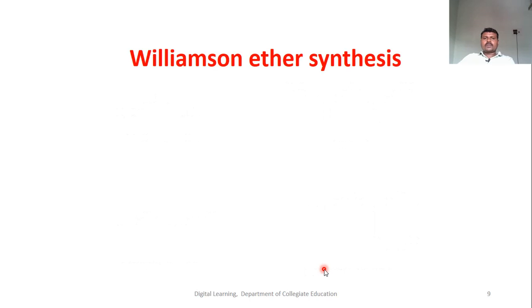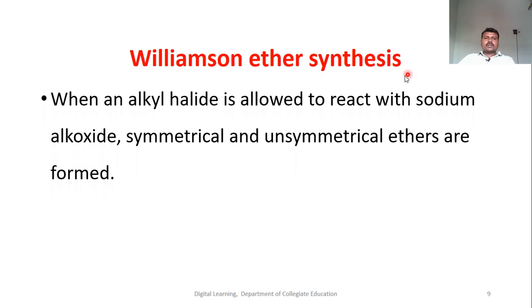Let us move on to the synthesis of ether. There is one method which is most important and widely used for the synthesis of ether, known as Williamson ether synthesis. This method includes the reaction of an alkyl halide with a sodium alkoxide. When an alkyl halide is allowed to react with sodium alkoxide, symmetrical and unsymmetrical ethers are formed.